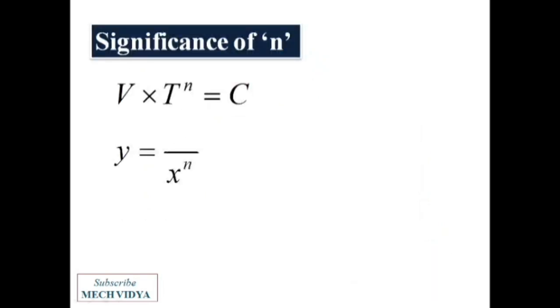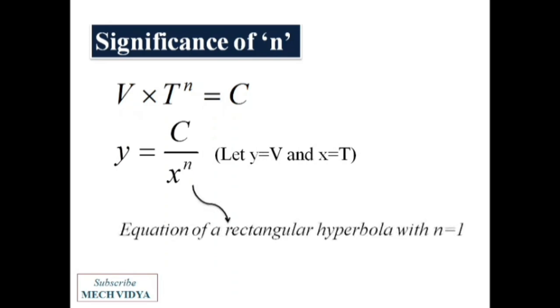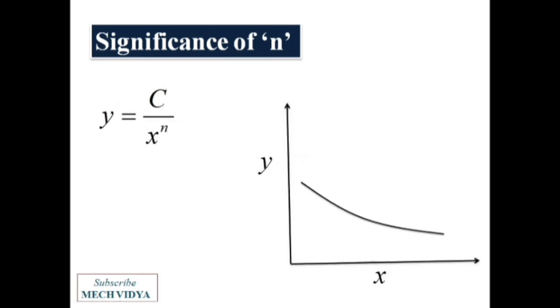Now if we rearrange this equation and replace V with y and T with x, then you can see that it takes the form of a rectangular hyperbola with n equal to 1. Since it is a rectangular hyperbola, this curve will be similar to this.